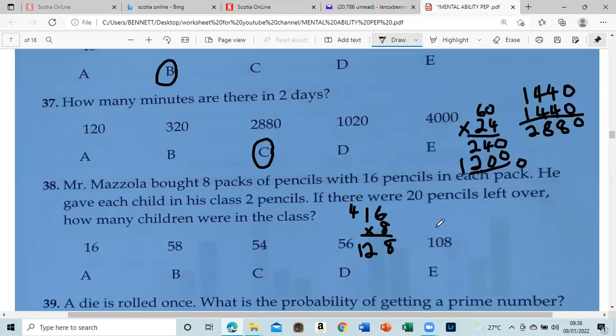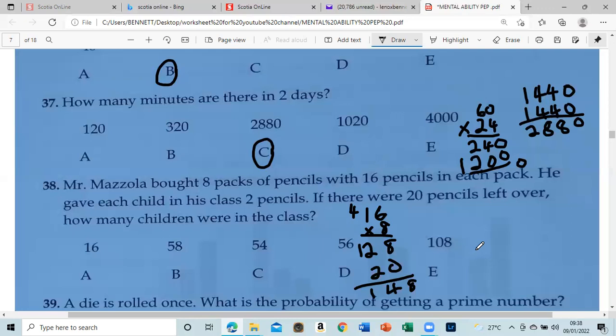So after he gives away, let us see how many he gave away. We can subtract 20 from this, because this will represent what he gave away. So this will leave 8, 4. So he gave away 148 pencils.